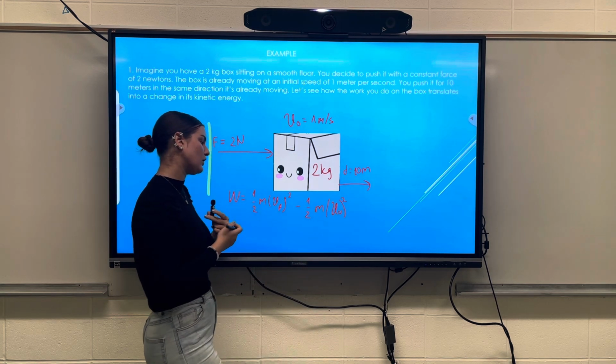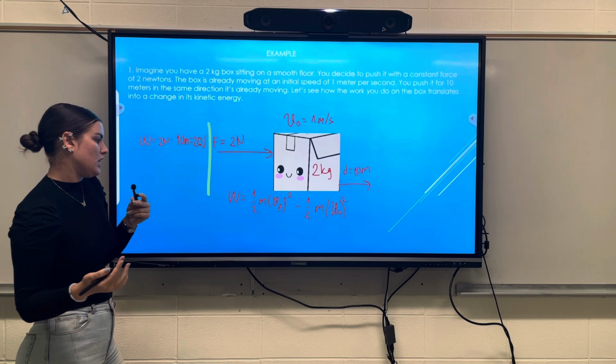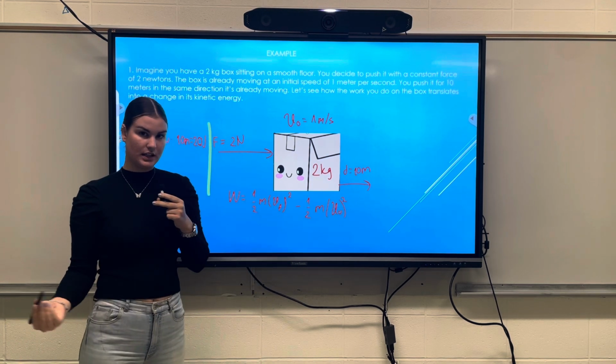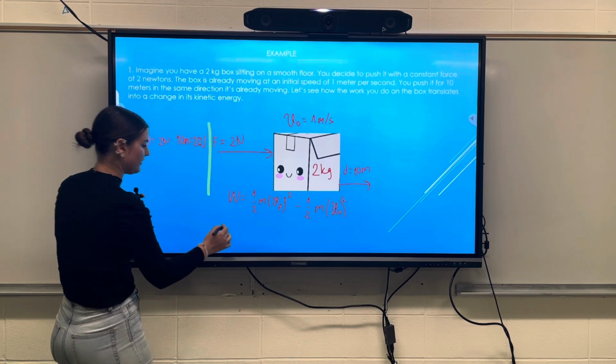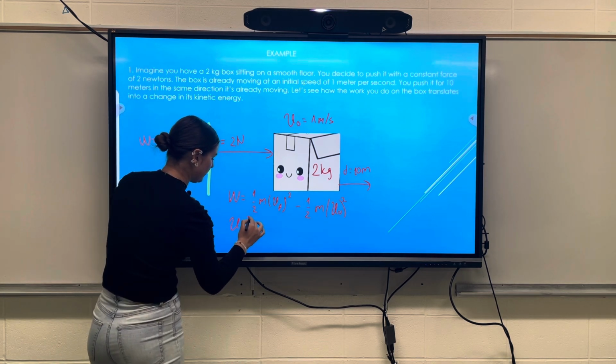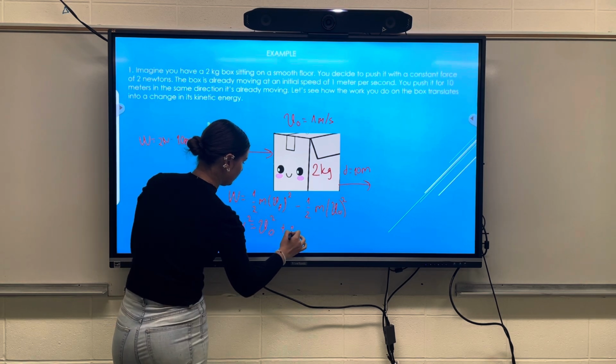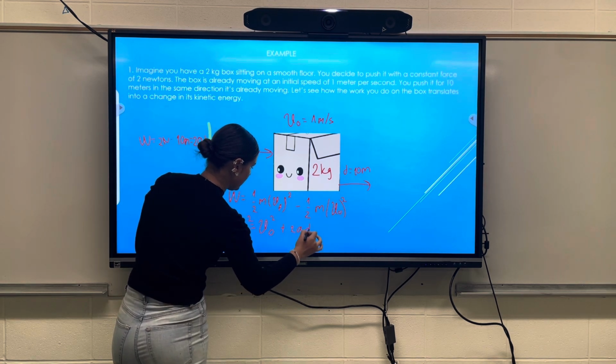Okay. So we don't have the final velocity. So let's find the final velocity. What is our formula for final velocity? Initial velocity squared plus 2 times a times d.